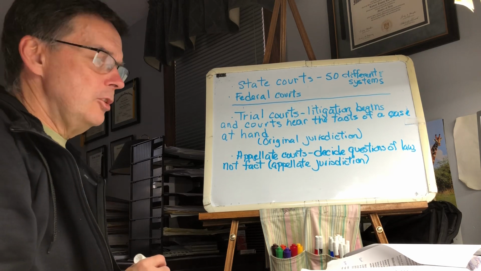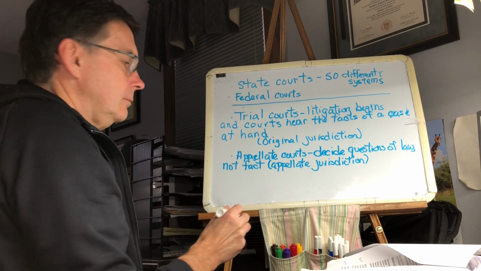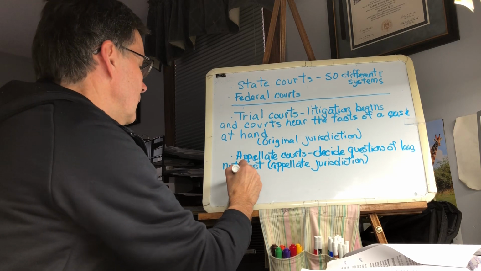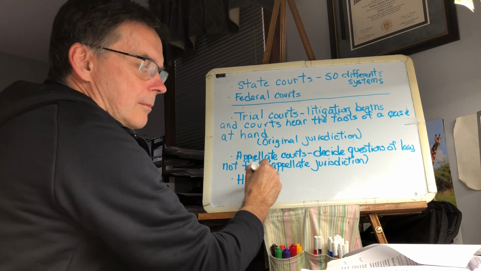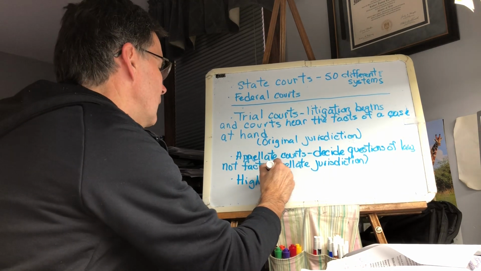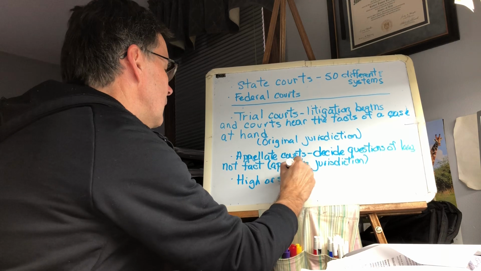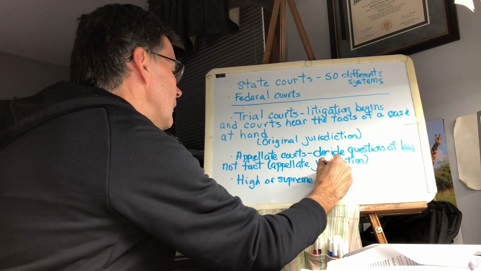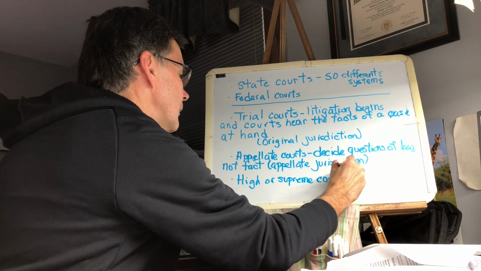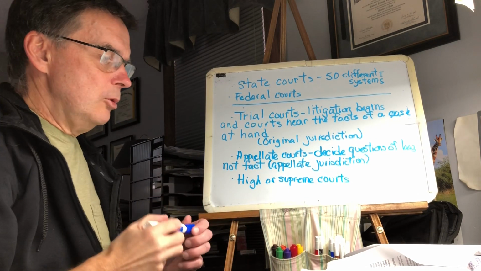This is called appellate jurisdiction. Then you have your high or supreme courts.